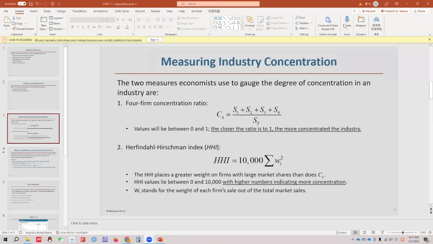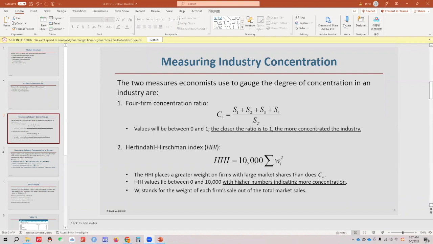The second index is called the Herfindahl-Hirschman index, the HHI index. It is calculated by multiplying 100 or 10,000 by the sum of the squared terms. And what is squared here? That is the weight of each firm out of the total market share, of the total market scale.